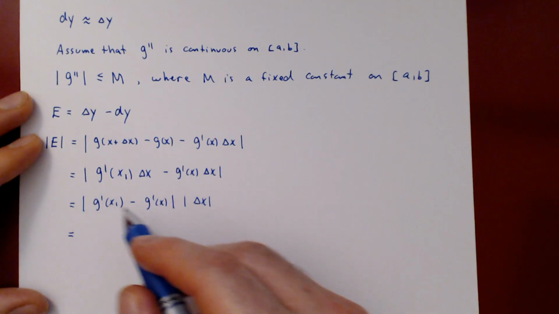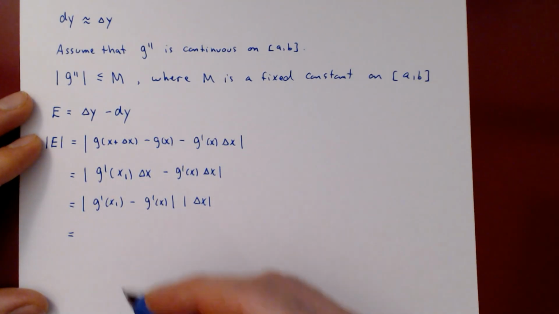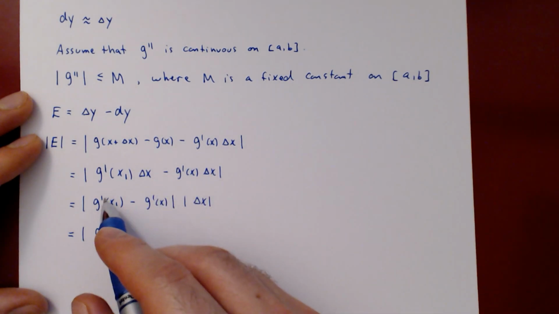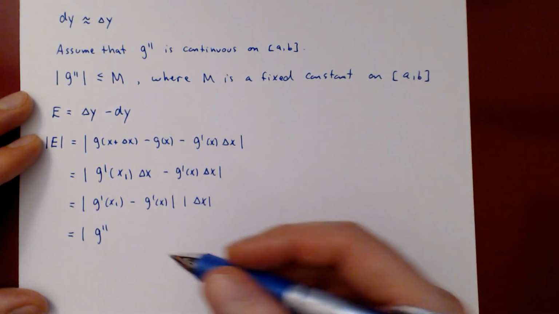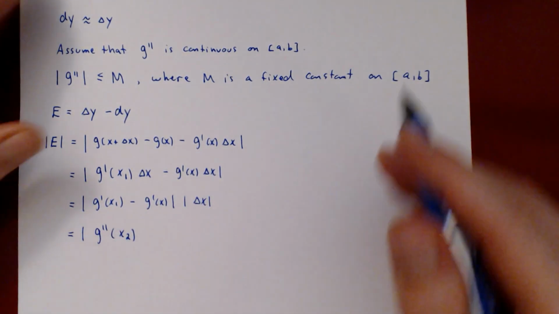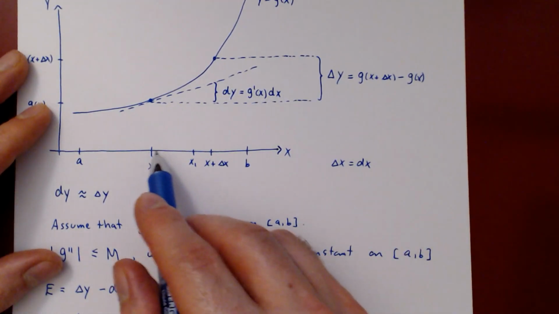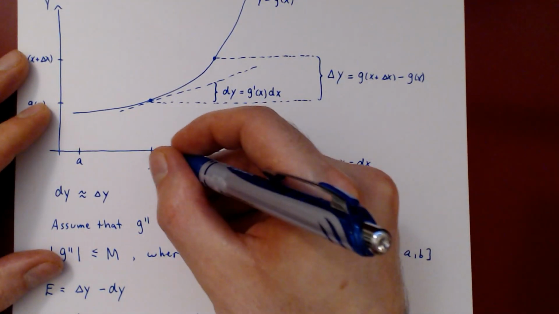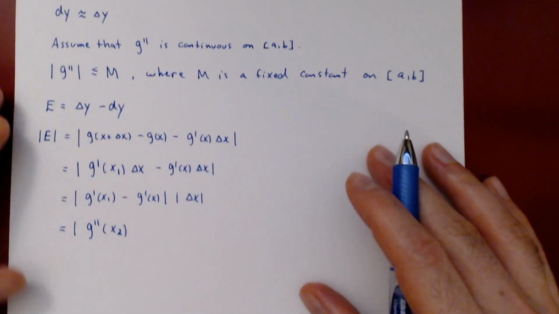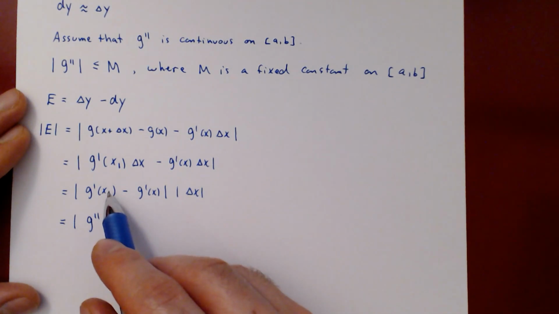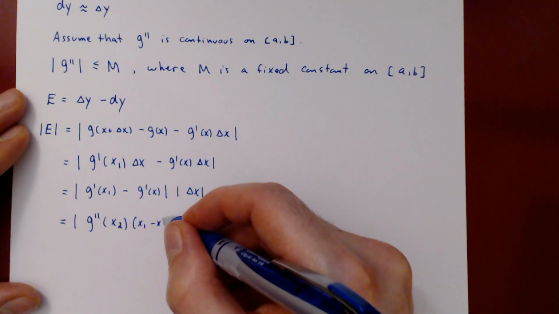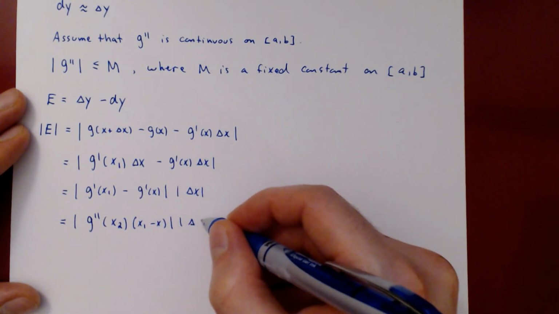The change in g prime at 2 distinct x values will be equal to the second derivative, the derivative of the function g prime, at some point x2, between x and x1, so x2 will be somewhere inside this shorter interval, say here, times the change in x, so x1 minus x. Times delta x in absolute value.